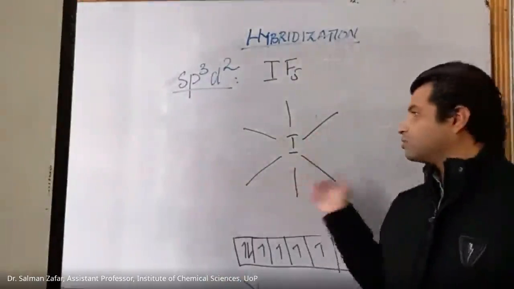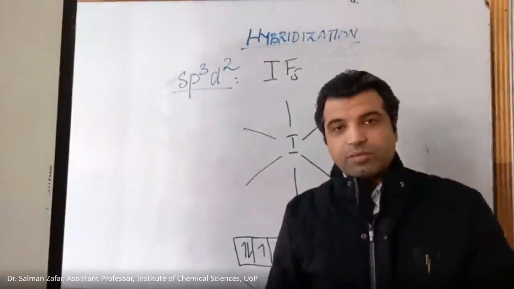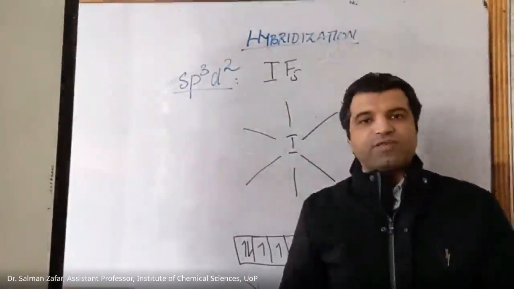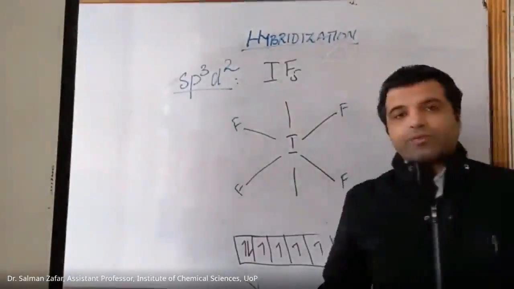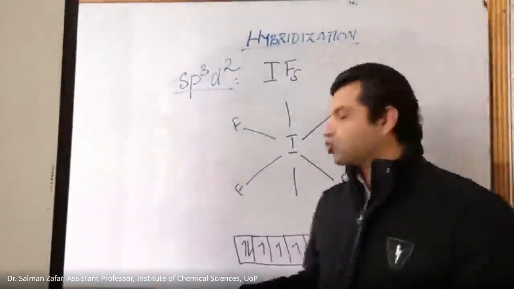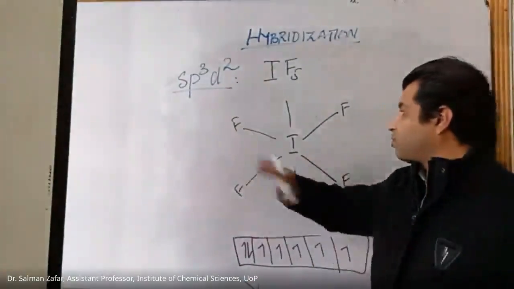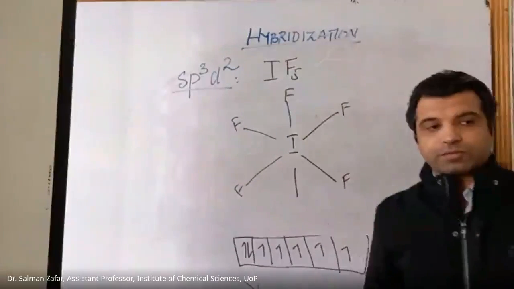And if you look at this geometry, it again is an octahedral geometry. But in this case, we have to attach 5 fluorine atoms, right? So those fluorine atoms bring their electrons and share with these single electrons, 5 of them, 1, 2, 3, 4, and here is the 5th one.